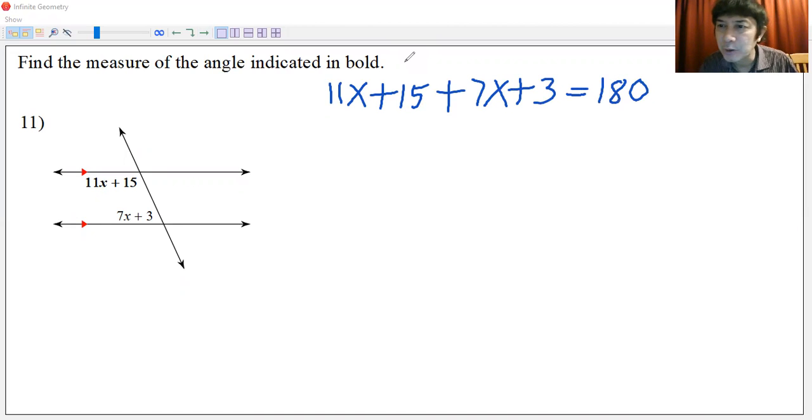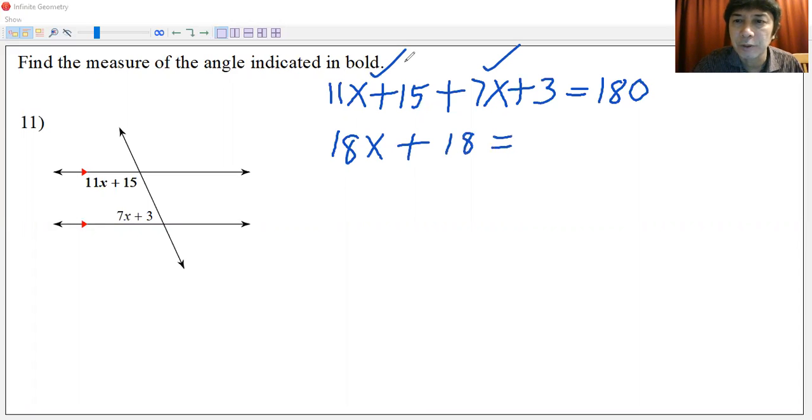So we shall solve for x here. We have 11x and 7x, this is 18x, by adding these two terms. Now we shall add the 15 and the 3, which gives us positive 18. And this is equal to 180 there.